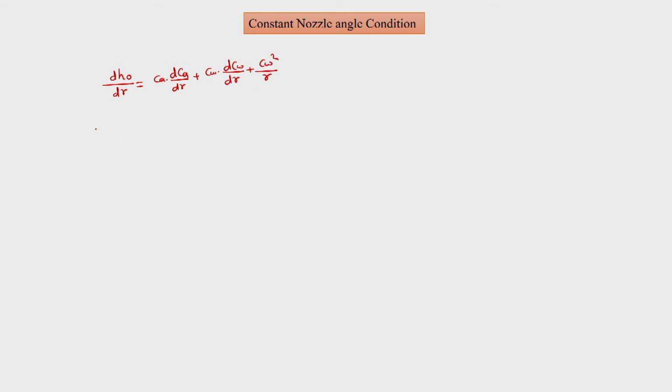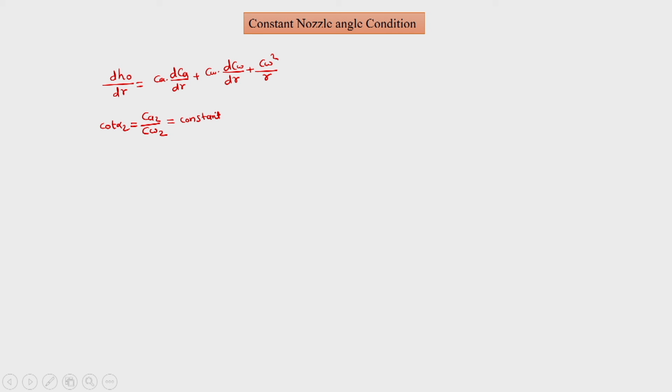But now in case of the constant nozzle angle, we expect alpha 2 to be constant. So for that sake, we would consider that cot alpha 2 is equal to Ca2 upon Cw2 is equal to constant.